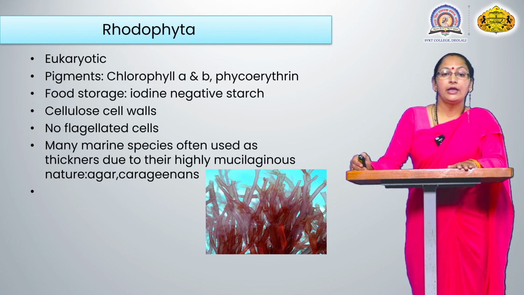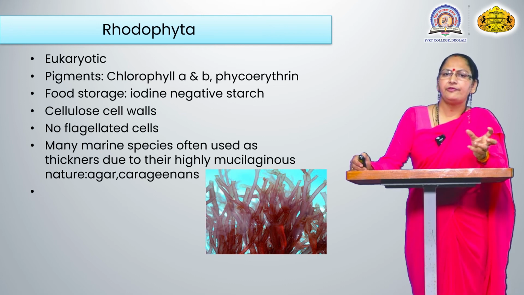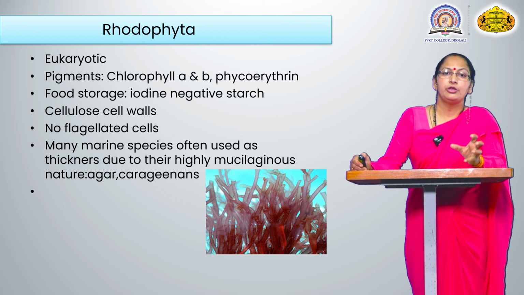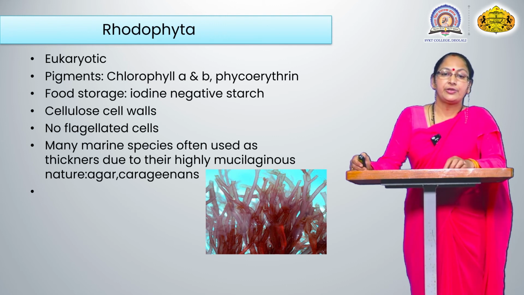The red algae are mainly thicker, fleshy, due to being highly mucilaginous. Because of this mucilage, the reserve food material is iodine-negative starch, and it is mucilaginous because it lives in water, in marine water.